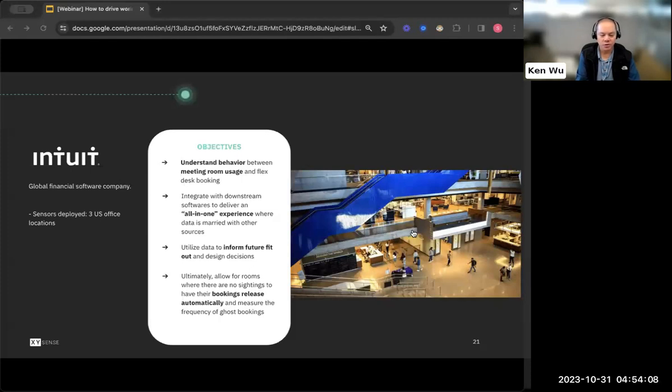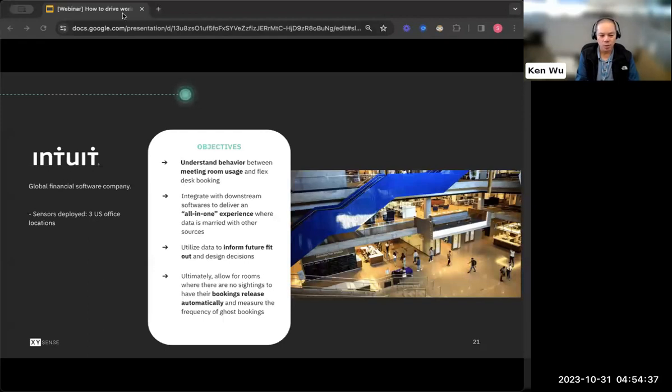So our objective was to understand that behavior between how meeting rooms are used in conjunction with flex desks, because we had never really had flex desks before. And so we didn't know, A, how were the flex desks going to be used, and B, how were the meeting rooms next to those areas going to be used. And so we implemented a number of sensors at 3 US locations as well as Toronto.